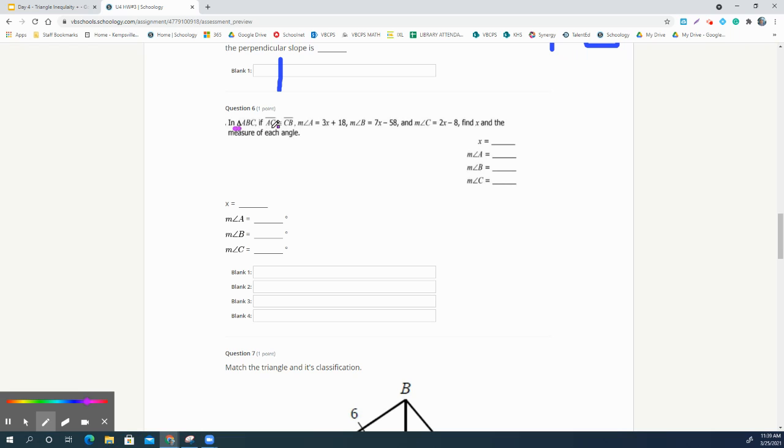So make your triangle. I can't impress upon you enough how important it is to draw these triangles out. Just sketch them, right? If I see that C repeats, then C goes at the top. A and B. So AC is congruent to CB.